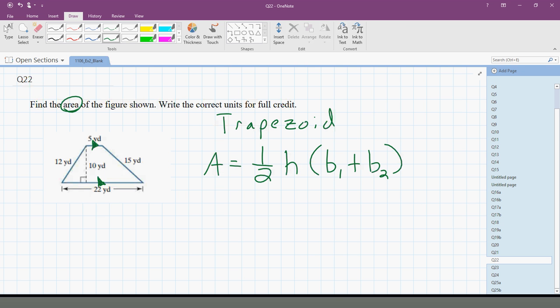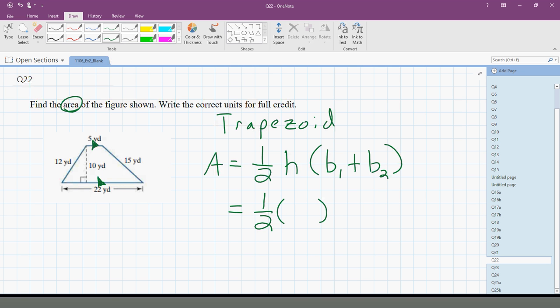Who is the height? It is not 5. Okay. Four other options.